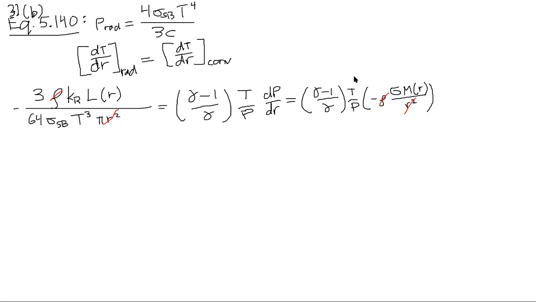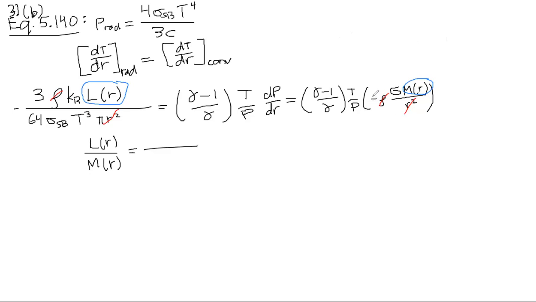Now I'm going to do a lot of algebraic rearranging. Because we're solving for a light to mass ratio, I'm going to want to take this L of R that's on the left, divide both sides by M of R, and then move all other constants over to the other side. I'm not going to cancel out anything or evaluate anything yet, just rearrange things. To get L of R over M of R isolated, I'm going to flip everything else over to the other side.